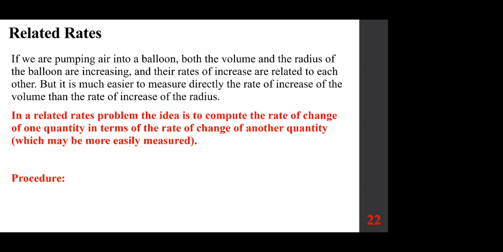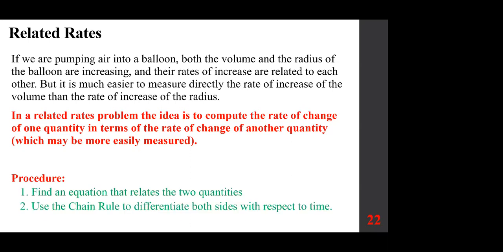The procedure is to find an equation that relates the two quantities and then use the chain rule to differentiate with respect to what? The only independent variable here is time.